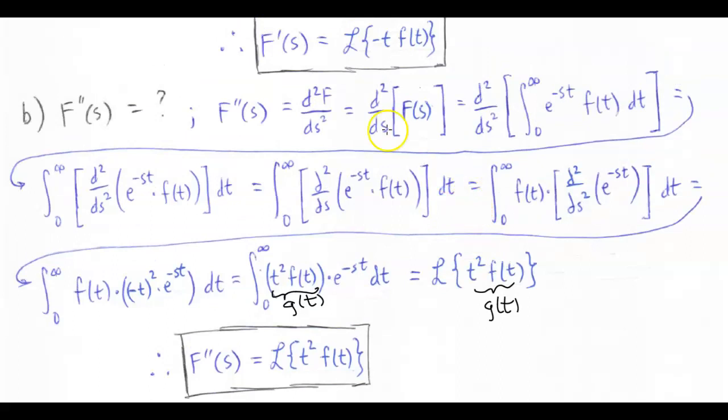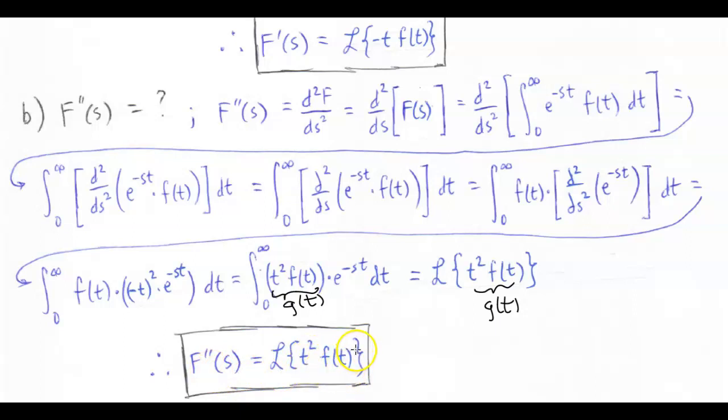So notice here for the first derivative, we know that the Laplace transform of negative t times f of t is going to be the function that we would have to be able to get the first derivative. And for the second derivative, see, we have t squared times f of t.